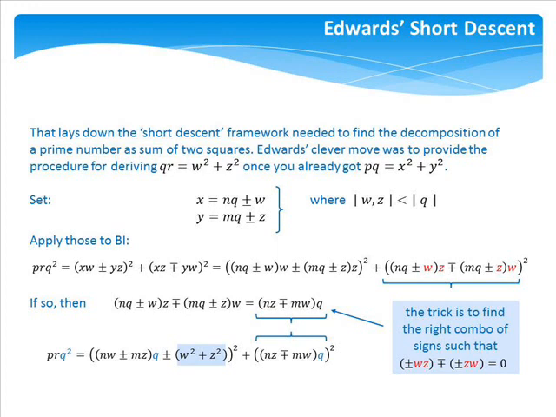Then, in the second bracket, we get a sum of two squares, w squared plus z squared. As q divides all the other terms at the left and right side of the equal sign, then it must also divide this sum of two squares. And so, we can divide both squares by q, and thus find p times r, which is a smaller sum of two squares.